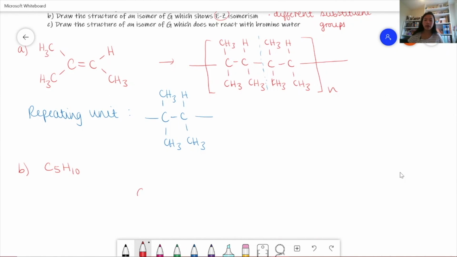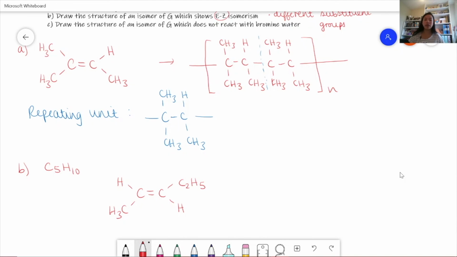So if we draw out the double bond first, so that's taken 2 carbons, so we've got 3 carbons left, and that means that if we put a hydrogen here and a hydrogen here, then we'll be left with 3 carbons, so then we can put an ethyl group in, so C2H5, and a methyl, and this will give us C5H10, and this molecule will show EZ isomerism.